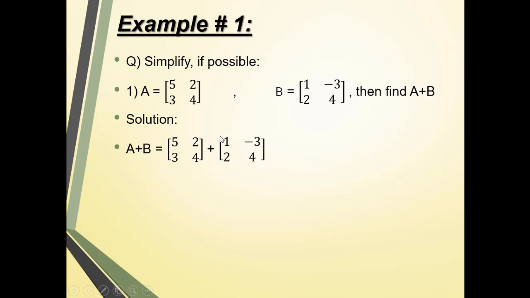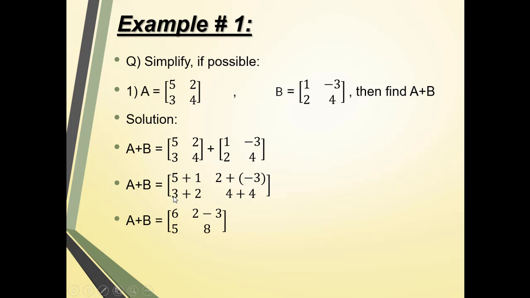That means 5 will be added to 1, 2 will be added to minus 3, 3 will be added to 2, and 4 will be added to 4. Finally, 5 plus 1 is 6, 3 plus 2 is 5, 4 plus 4 is 8, and 2 minus 3 gives the answer minus 1. So this is our final answer for the addition of these two matrices.